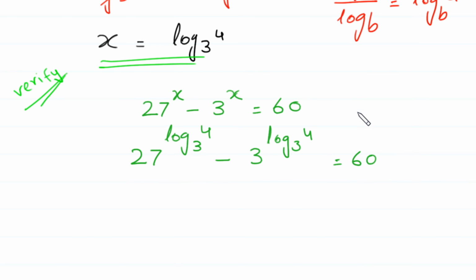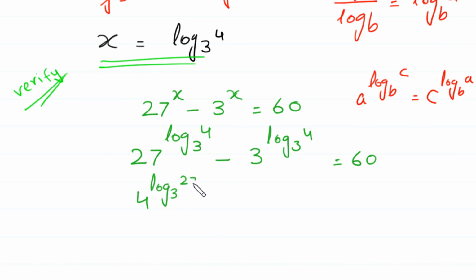Now according to the property of logarithms, a to the power log base b of c is equal to c to the power log base b of a. We can write this 27 to the power log base 3 of 4 as 4 to the power log base 3 of 27, minus this 3 to the power log base 3 of 4 is equal to 60.